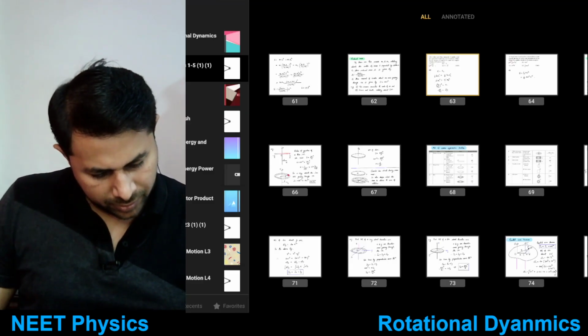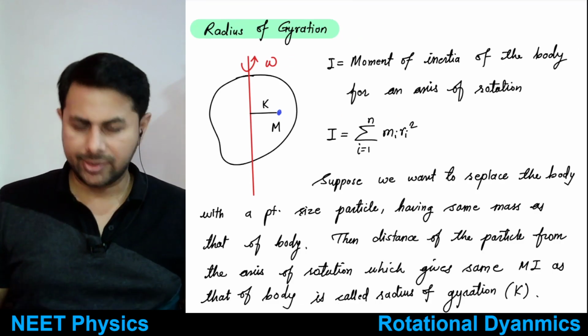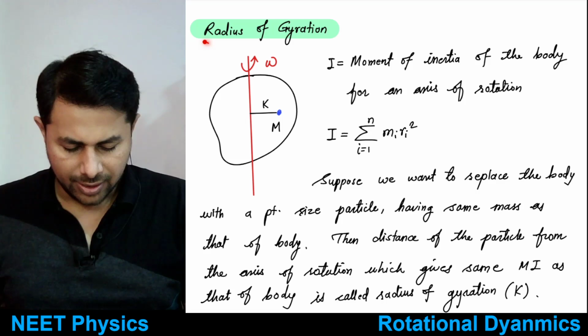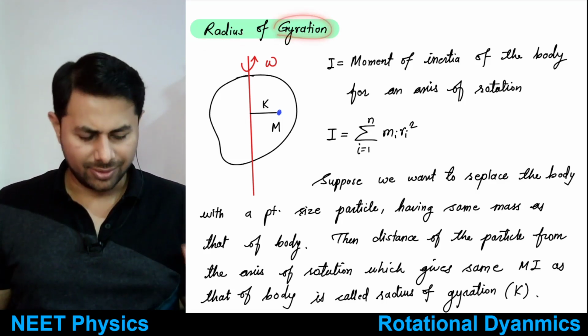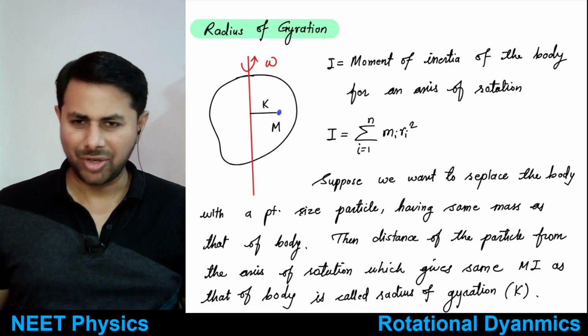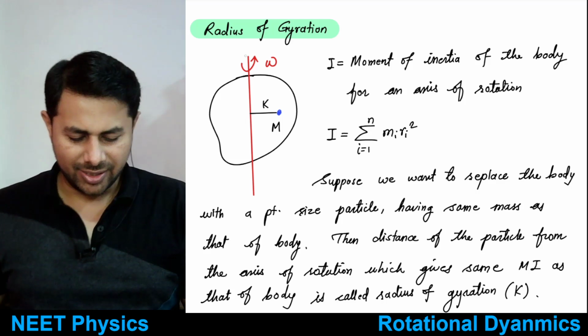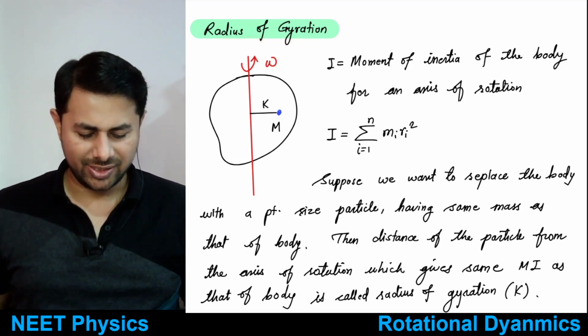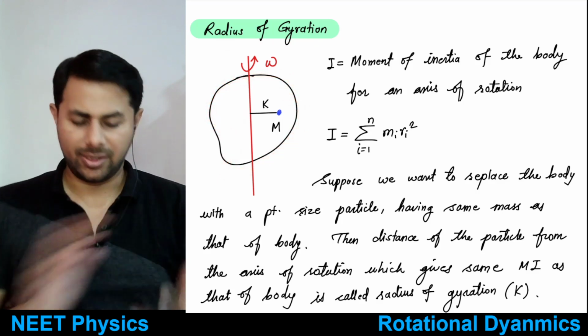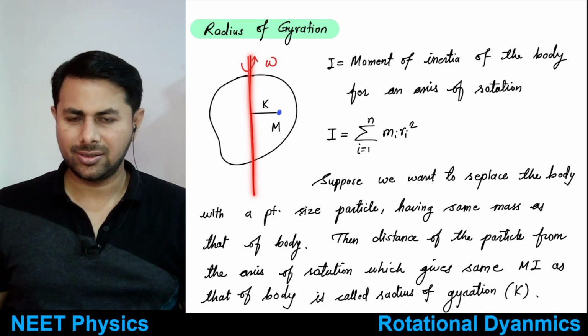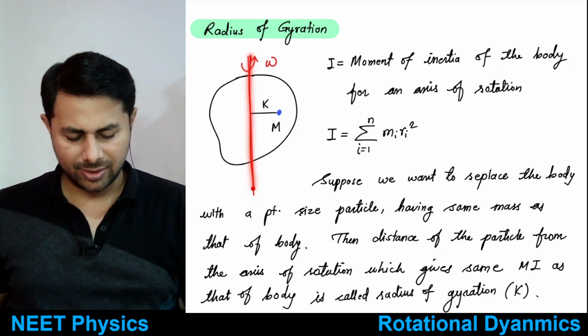So let's talk about the next topic, that is radius of gyration, in whatever way you pronounce it. Now what is this thing?